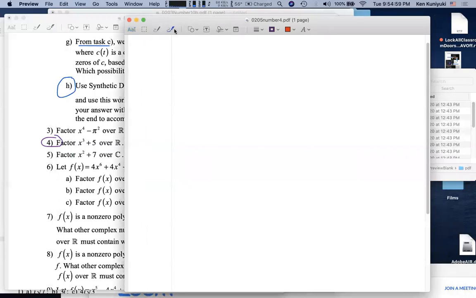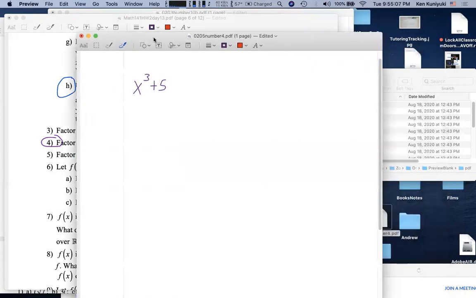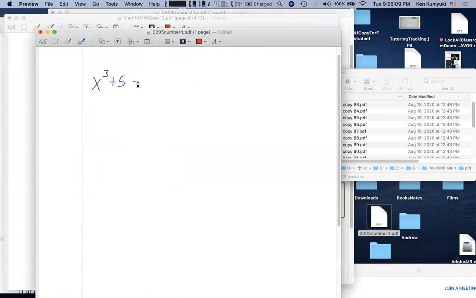Okay, factoring x cubed plus 5. GCF is 1, by the way. So we're going to treat this as a sum of two cubes, and it's going to factor as a binomial times a trinomial. The signs follow the SOAP pattern.